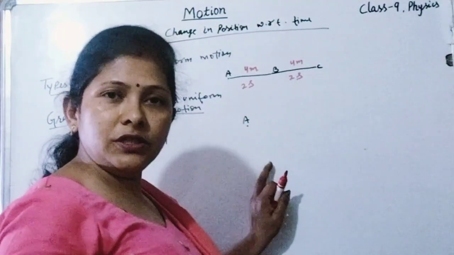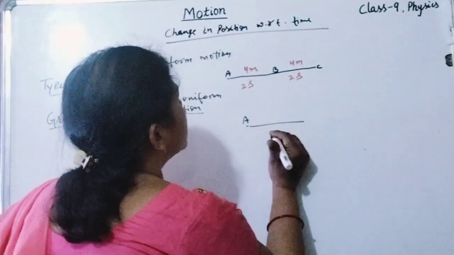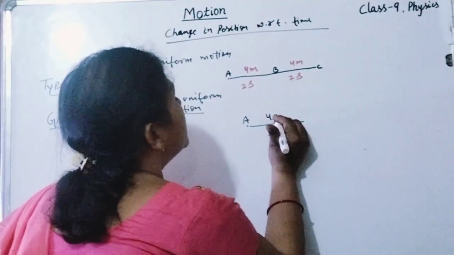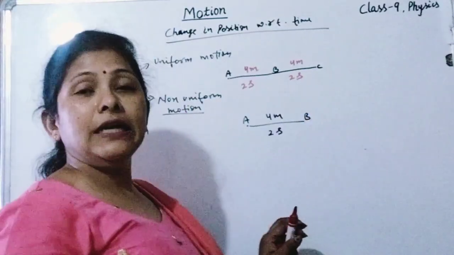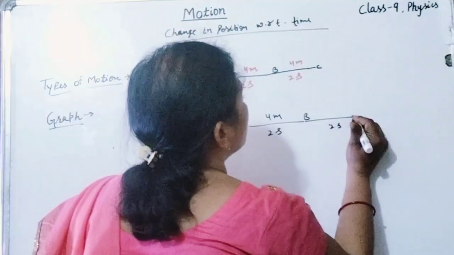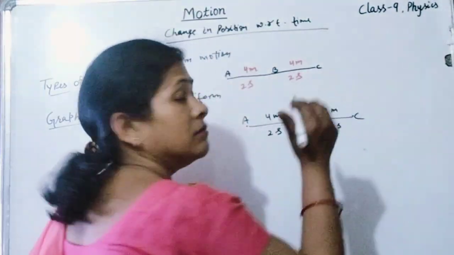Initially the object is at point A. After some time, suppose after 2 seconds, it will cover the distance 4 meter and reach the point B. In the next 2 seconds it will cover the distance 3 meter, for example.